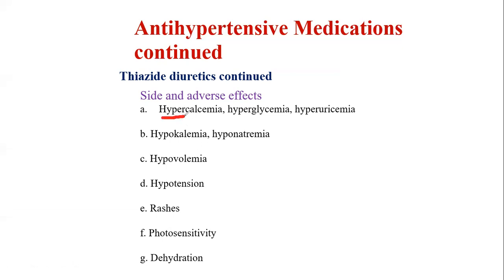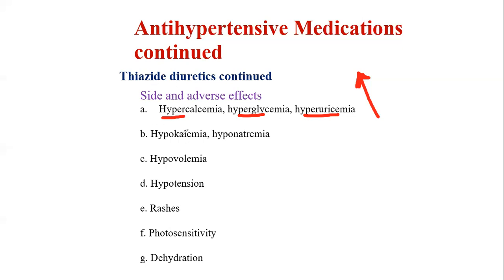So what is an easy way to remember? Hypercalcemia, hyperglycemia, hyperuricemia, all are increases, right? If my patient has diabetes, they have a chance of increased blood sugar level, so we educate our patient to adjust the insulin, or the calcium concentration increases. If the patient has gout, the uric acid level goes up, so it increases the concentration.